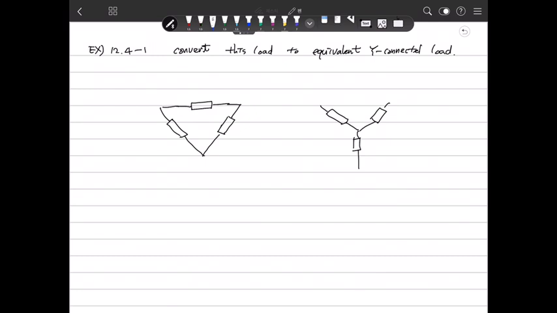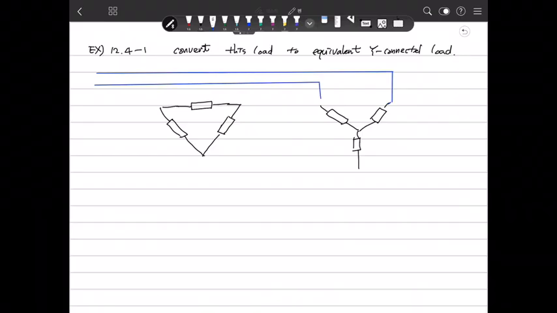So the connection is like that. This is A, I mean, A is connected in this manner. A phase like that, and this is B phase. And this is C phase.